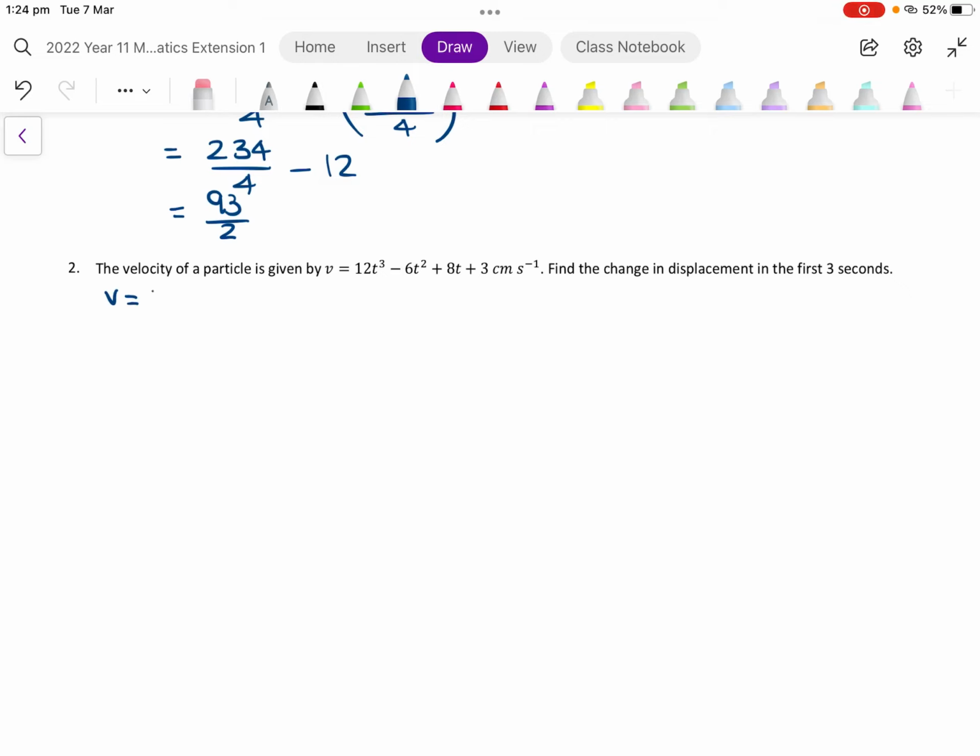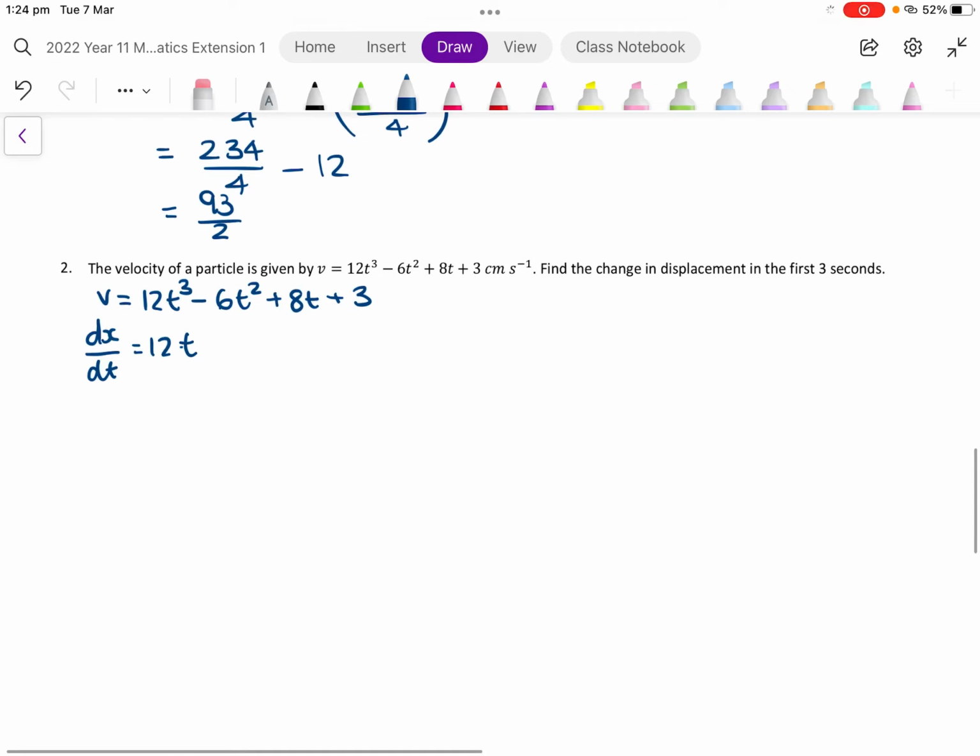So we have the equation v equals 12t cubed minus 6t squared plus 8t plus 3, which is equivalent to dx on dt, because it's the derivative of displacement of x, is 12t cubed minus 6t squared plus 8t plus 3. So that means that x is equal to the integral.